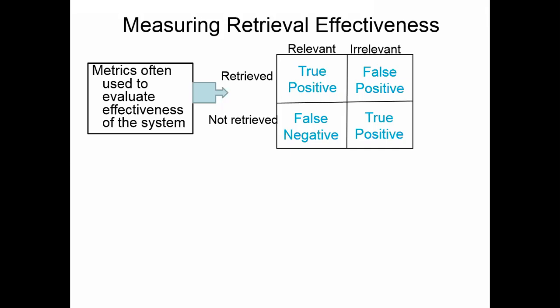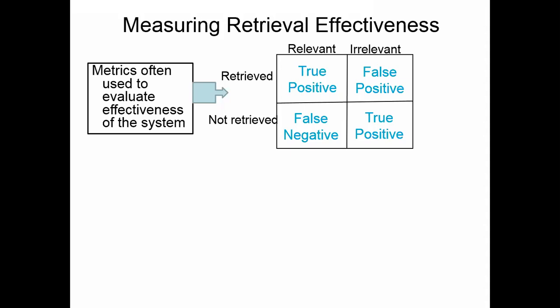They are retrieving relevant documents, they are retrieving irrelevant documents, they are not retrieving relevant documents, and they are not retrieving irrelevant documents. Any search engine or information retrieval system nowadays brings documents along these four dimensions.